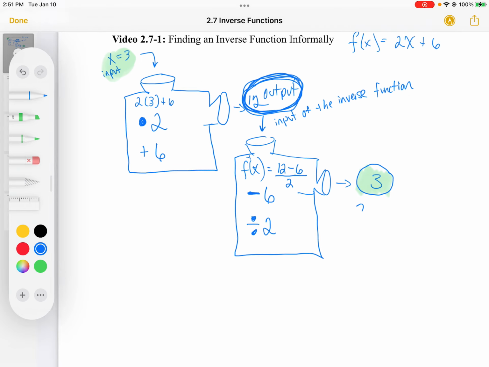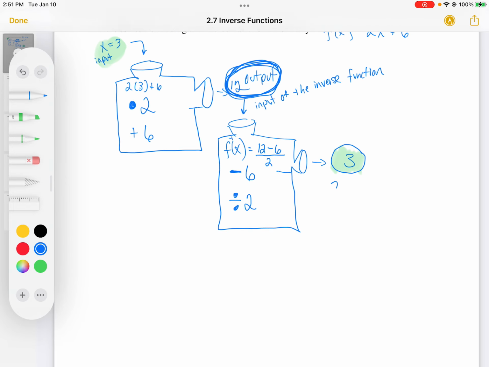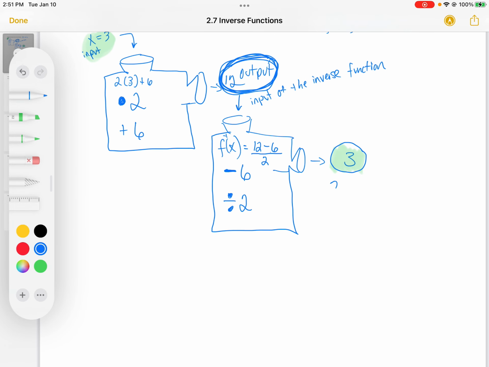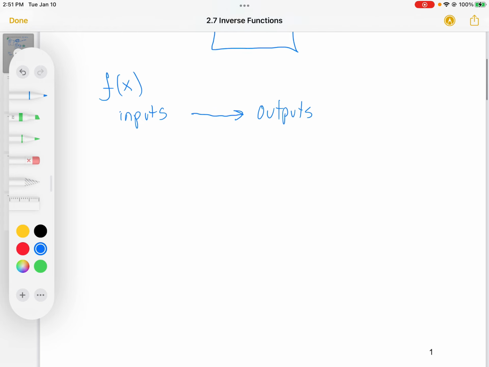Okay, so some things I want to point out here. If we have an original function and our inputs result in outputs. And then we have an inverse function.